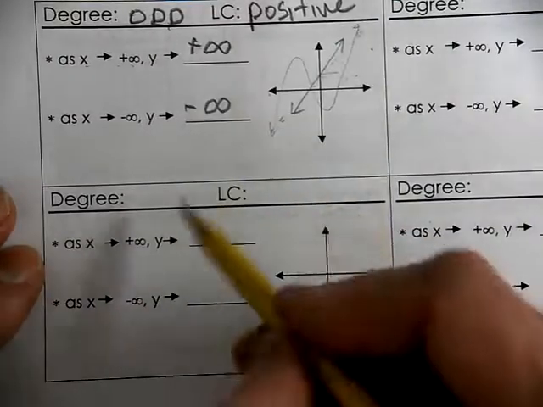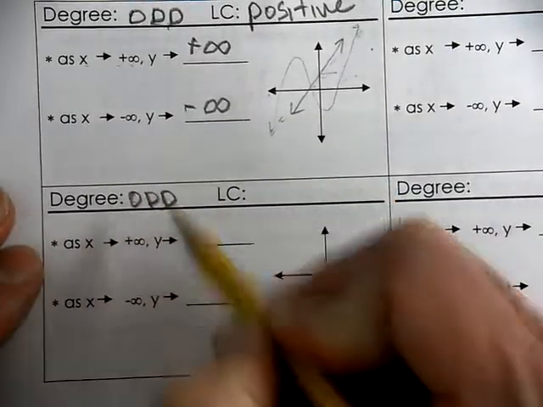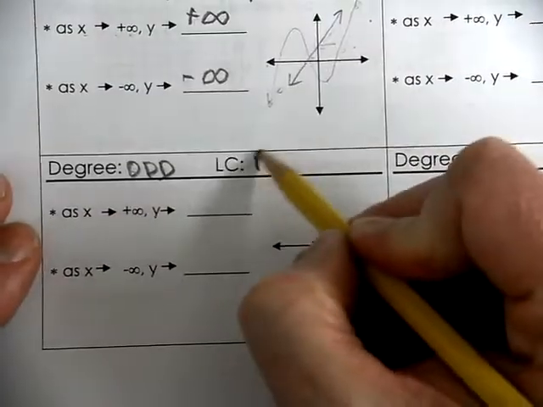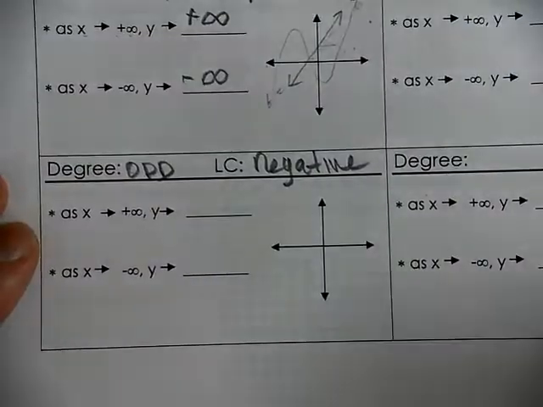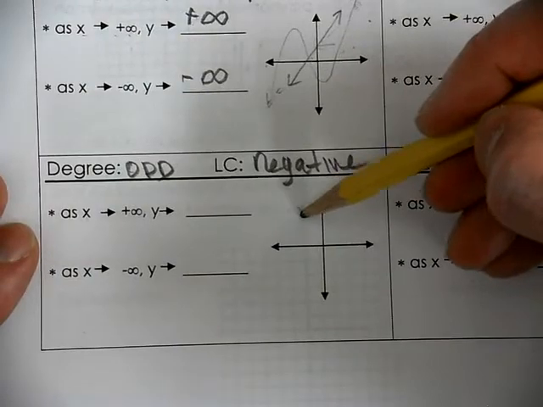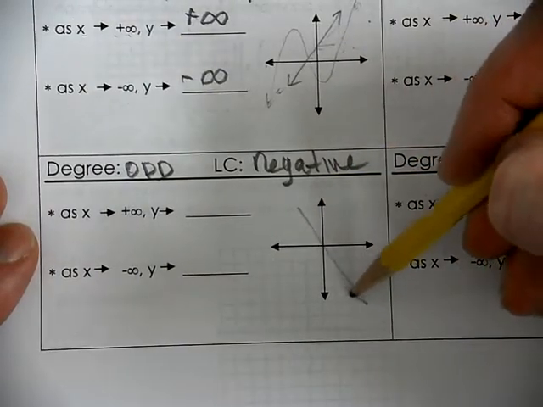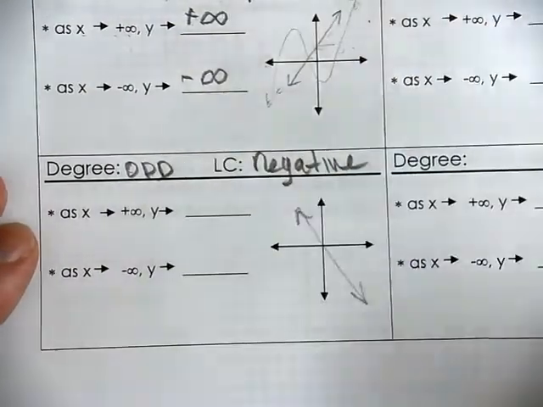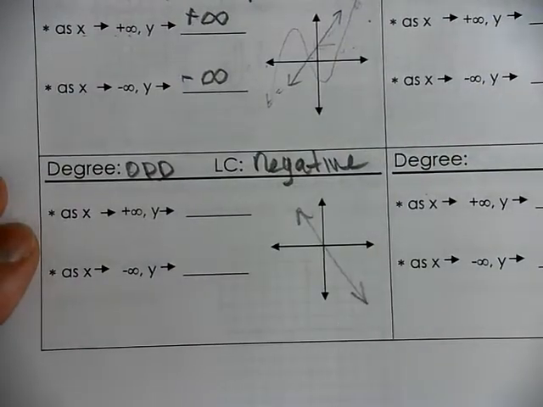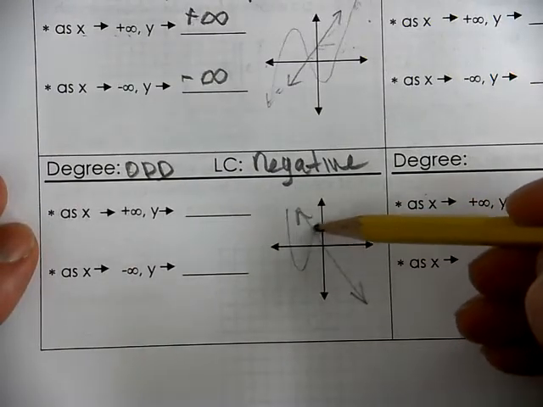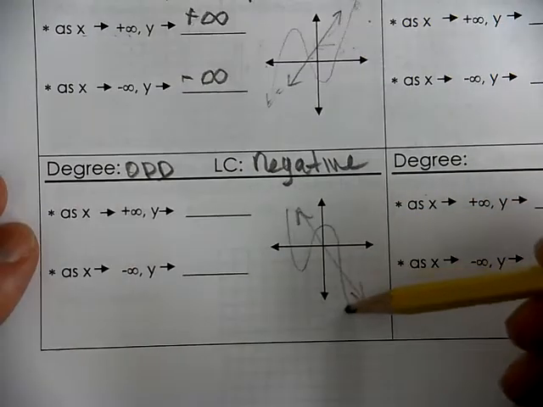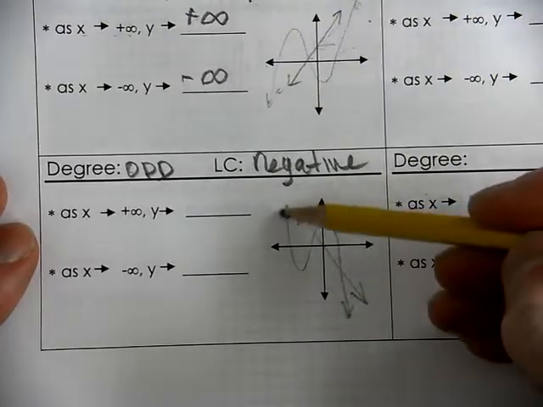Now if we have an odd degree, but we have a negative leading coefficient, you know that a line with a negative slope is going to fall to the right. Well, the same thing is true with the cubic equation that would have 3 separate zeros. It's going to fall to the right.